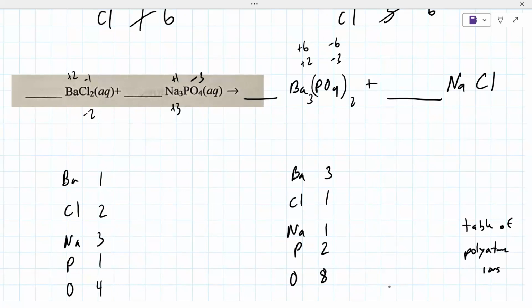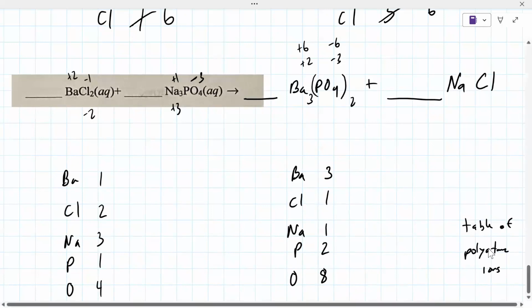So the thing that's different about this one is there's no matching for sure. They both have a Ba, but you've got a 3 there. They don't have a Cl to the 1 or the 2.